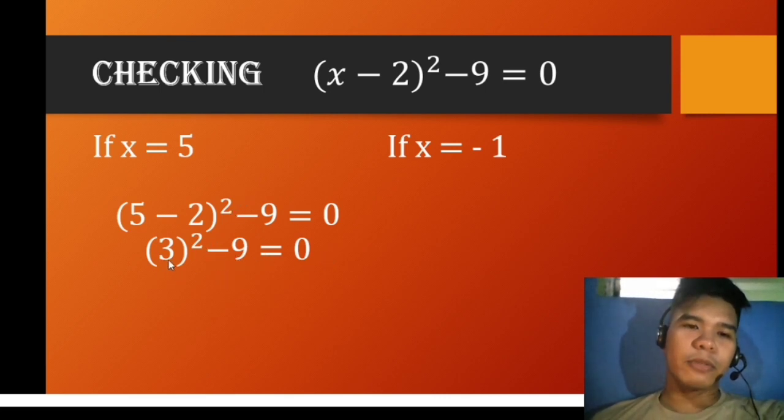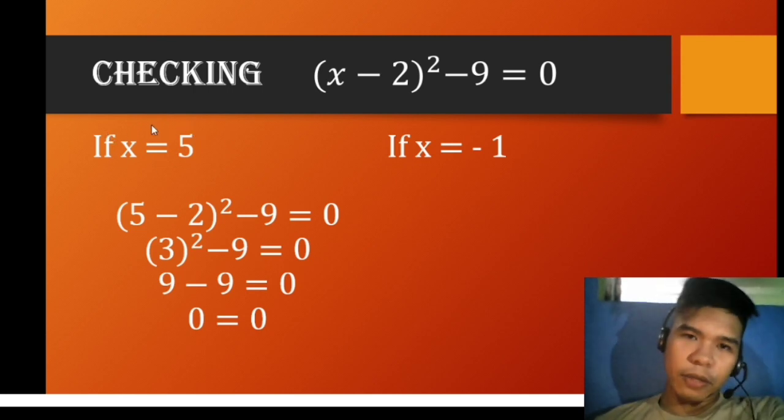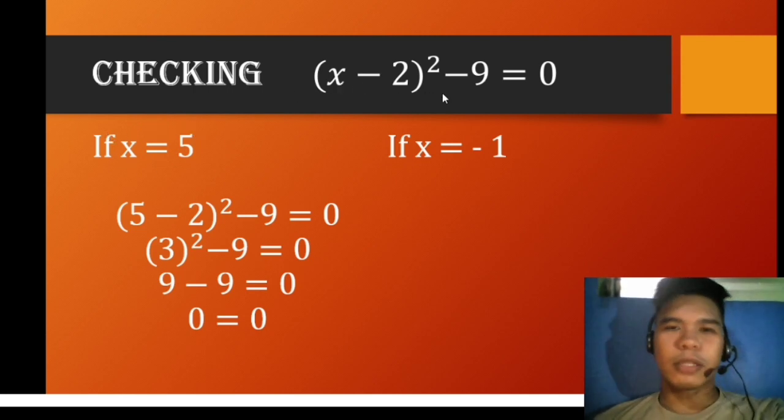So this time you simplify. 3 times 3 here is 9 minus 9 equal to 0. So 9 minus 9 is 0 equal to 0. So therefore positive 5 satisfies the given equation quantity x minus 2 quantity squared minus 9 equal to 0. So let us check the other solution, which is x equal to negative 1.